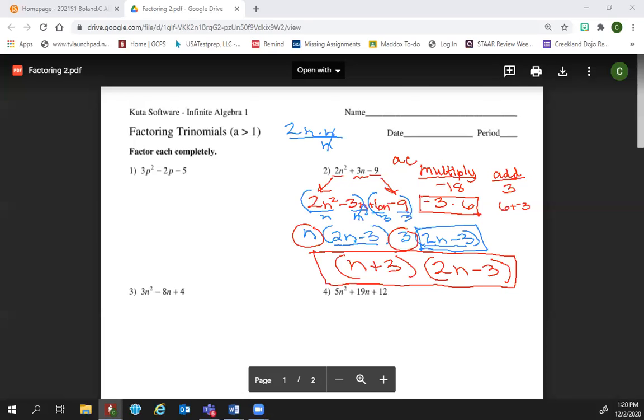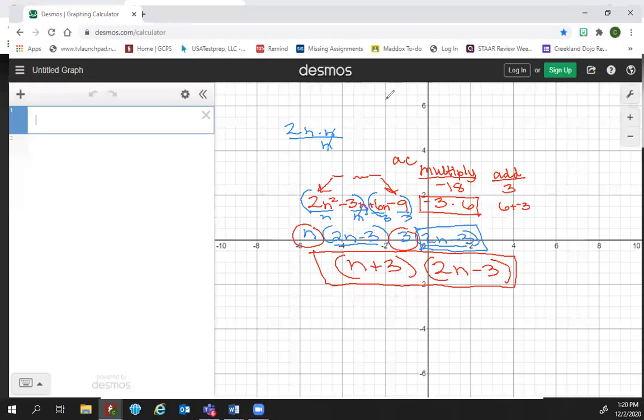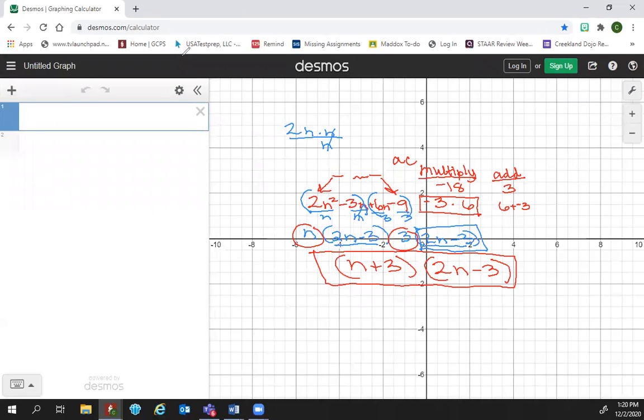And I know you guys already know how to put it in the graphing calculator, but I'm going to take number 2. Do you see number 2? And watch what happens. So number 2 says, and what can I replace the n's with? X, right? So if I literally typed this, because on your quiz, you're going to have something like this. So if I typed in 2n squared, right?